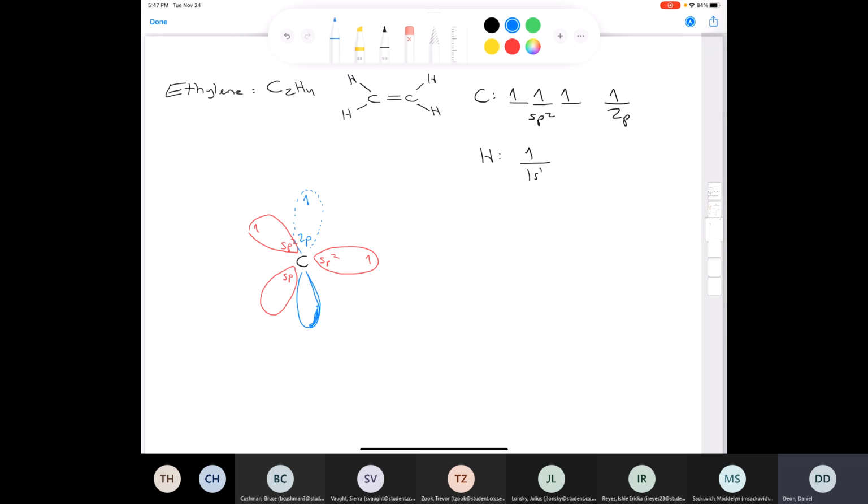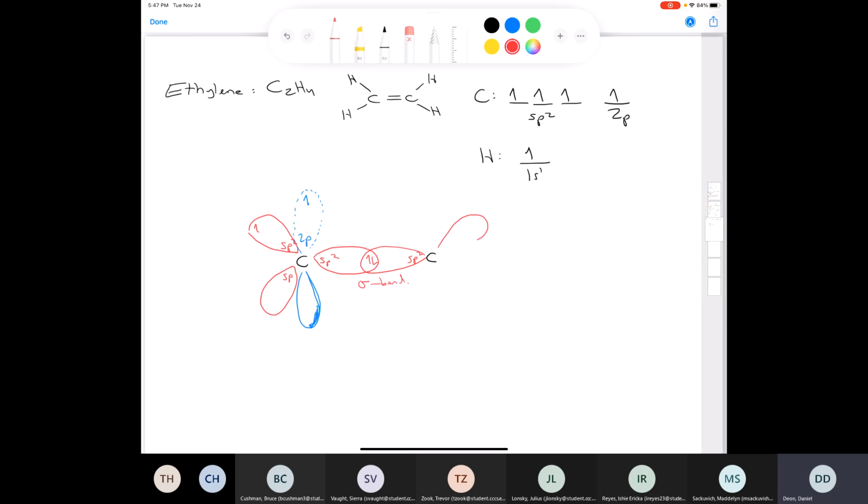Well, I have a second carbon atom that's going to look exactly like this, won't it? What's that going to do? Well, I'm going to have my other carbon atom. So I finished drawing this one. Now I'm on to this one. It's going to have an sp2 orbital that's going to overlap, okay? Right over here, sp2. What happens when I overlap hybrid orbitals? I make a sigma bond, right? This is a sigma bond right here, okay?